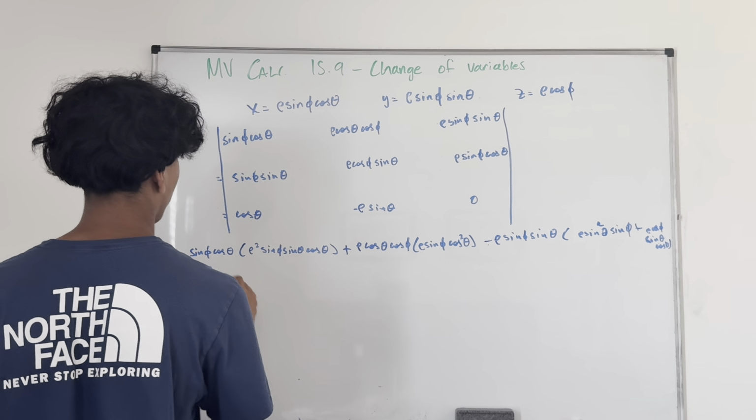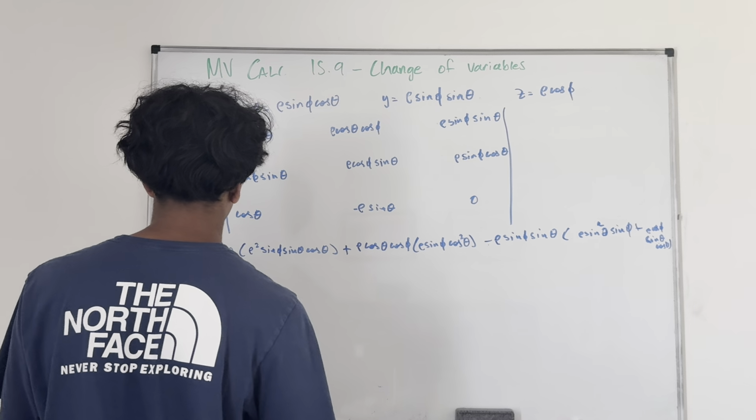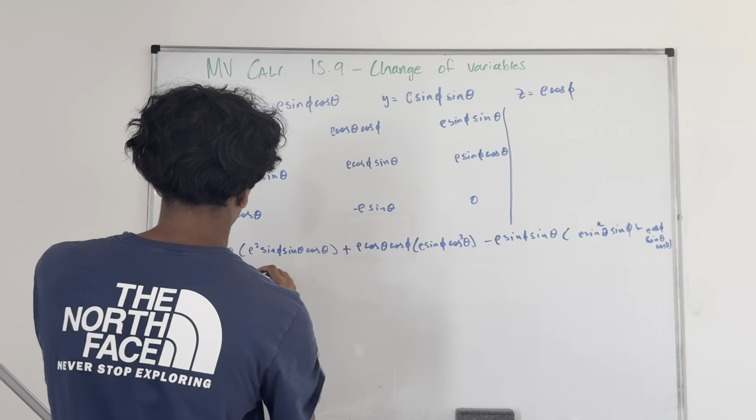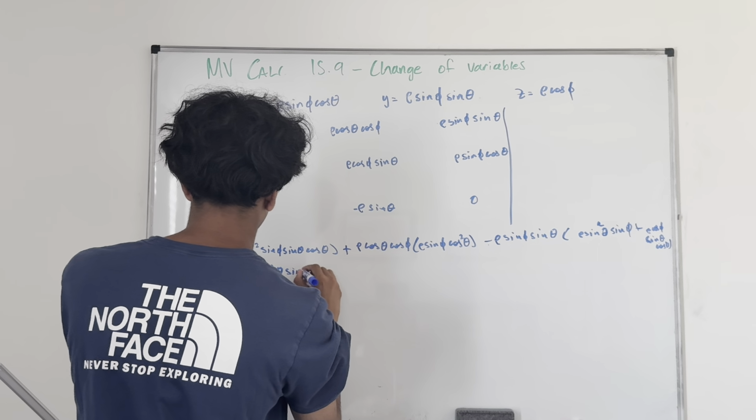So I'm going to get rho squared, oh boy, sine squared phi, right? Cosine squared theta, and then sine theta.